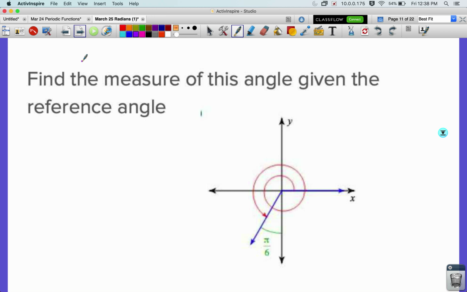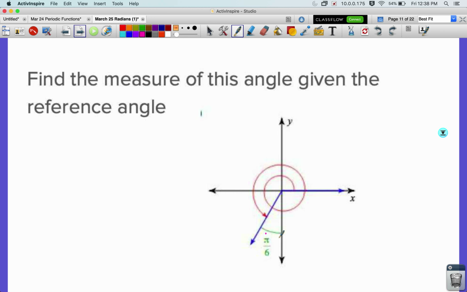Find the measure of the angle given the reference angle. The angle marker that starts on the initial side and ends at the terminal side is the angle that we want. We want to know how much rotation happened along, in this example, the red arrow.